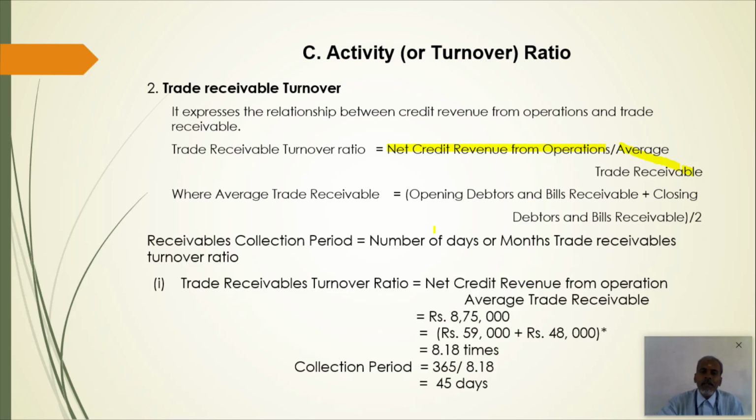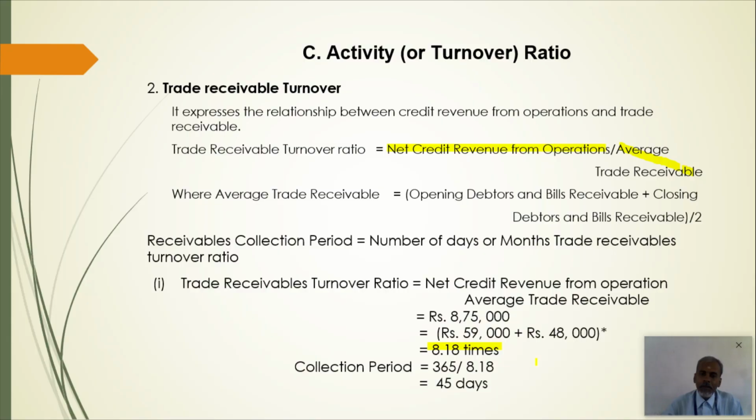Right? So we calculated those things, and we can see here how it is calculated. And we have calculated the trade receivables turnover ratio as 8.18 times. Remember, it is 8.18 times. So in a year, the trade receivables turn over 8 times.